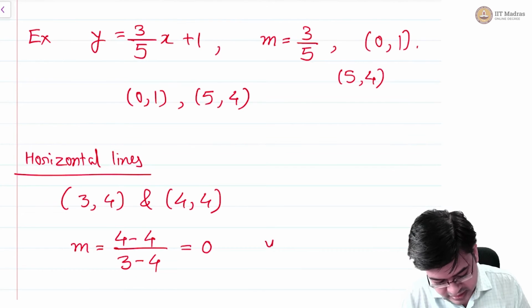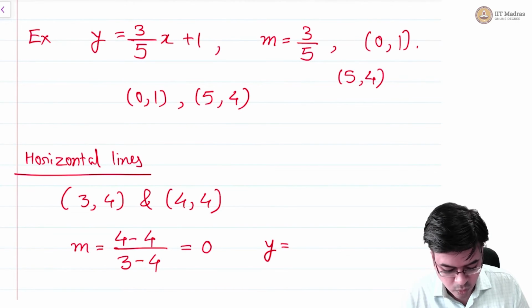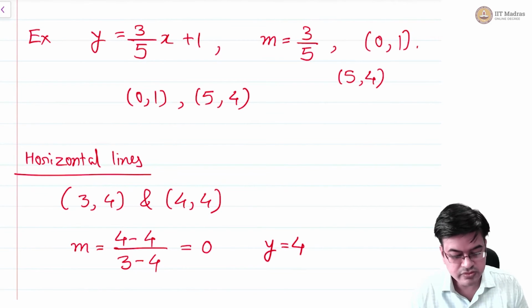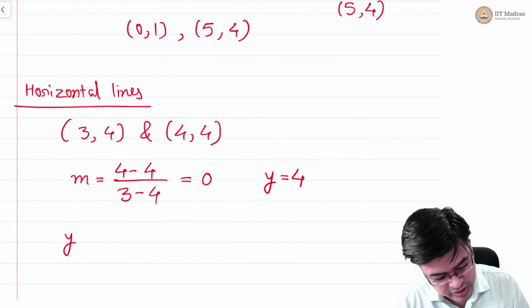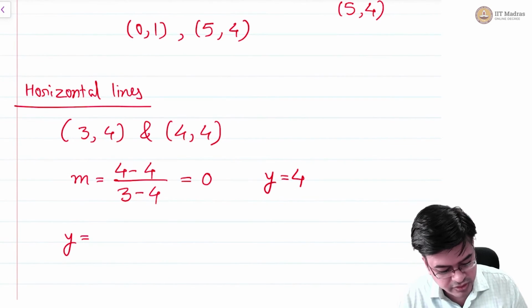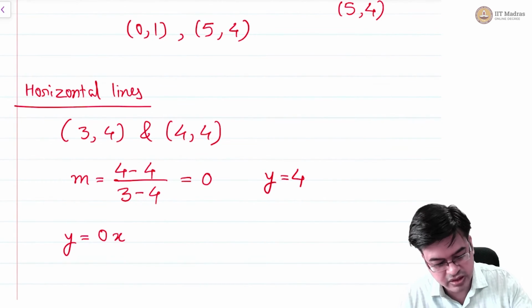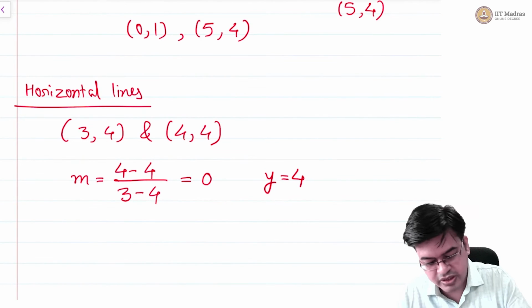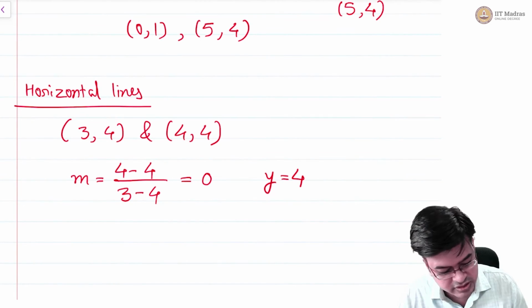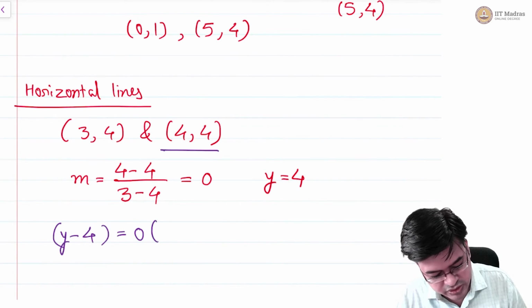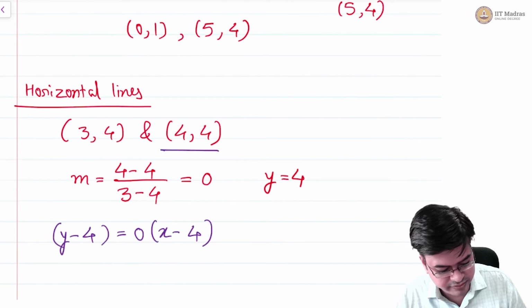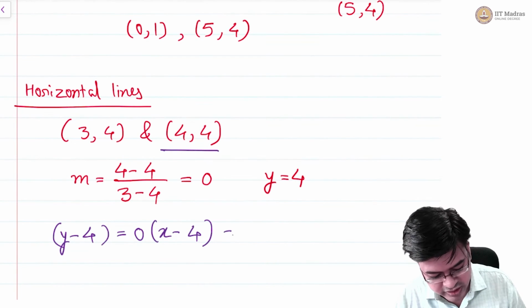In particular, this line is nothing but y is equal to 4, because when the slope is 0, you feed this into your slope point form equation. The point is (3, 4), the slope is 0. So in particular, you choose any one point among these. Let us choose this point and use the slope point form: y minus 4 is equal to 0 times (x minus 4), right? So what you have got here is 0.